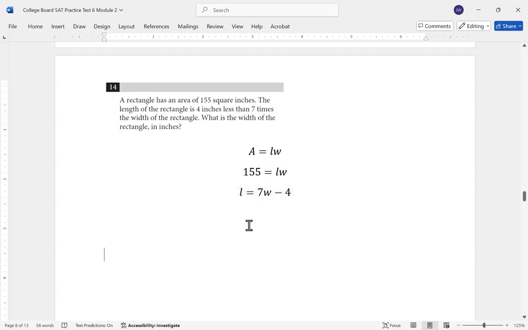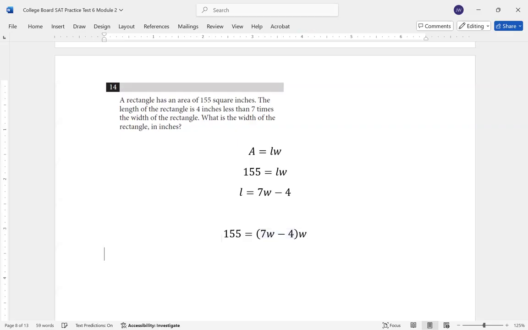So what we do is we substitute out the length in the area equation for 7W minus 4. So we set 155 equal to length times width, but instead of length, we write 7W minus 4.